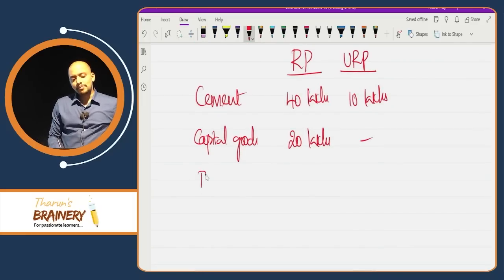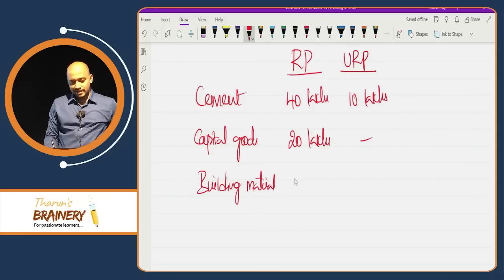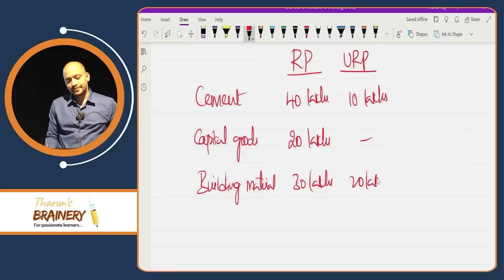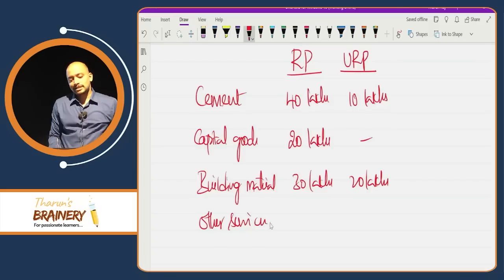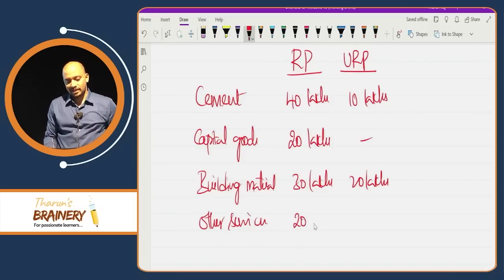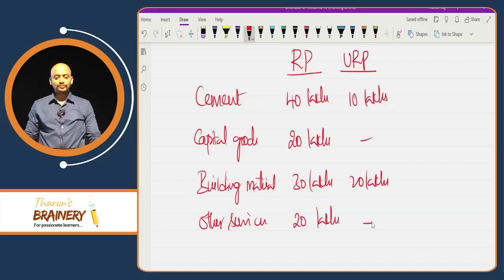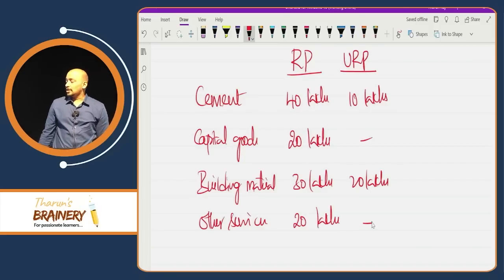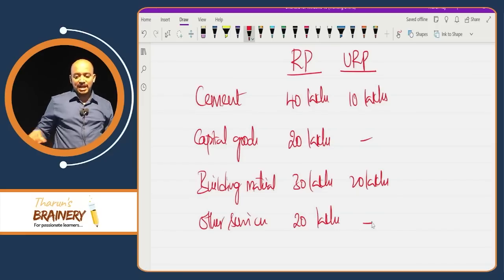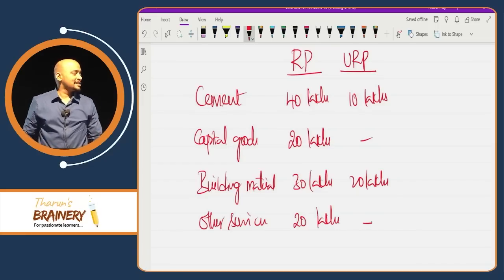Then building material, registered person 30 lakhs, unregistered person 20 lakhs. Then other materials, other services, registered person 20 lakhs, unregistered person nothing. Now tell me how much is the GST payable under RCM? 9 subsection 4.